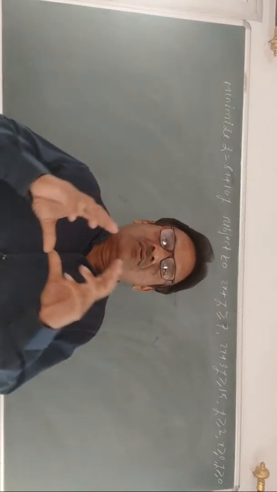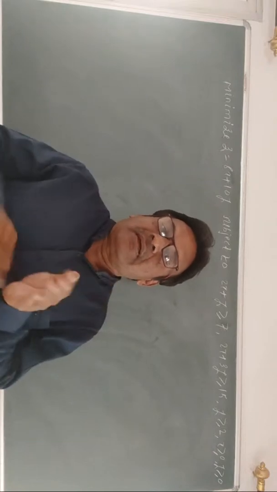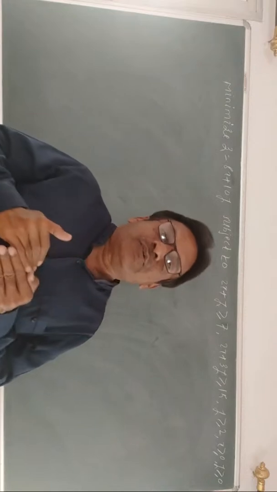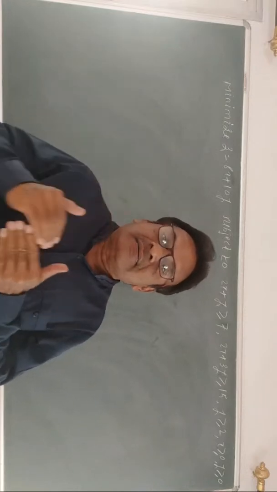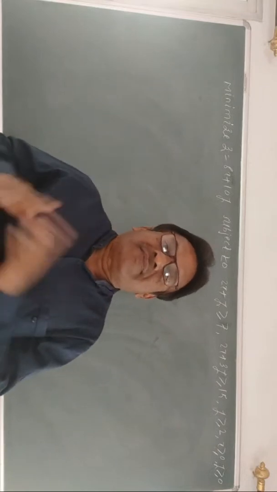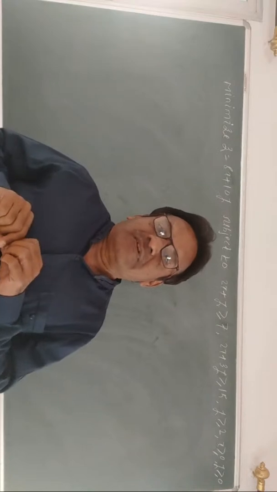So, the only difference between the previous video problem and this video problem is, in the previous video we found a maximum value, but in this video we find the minimum value of the objective function.